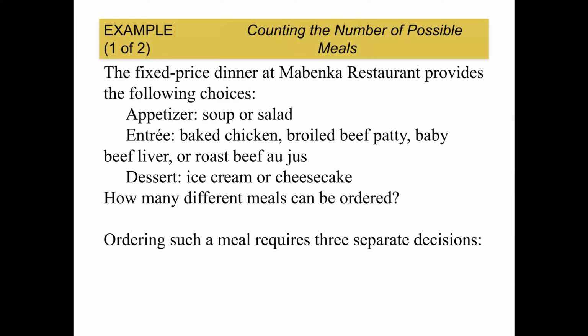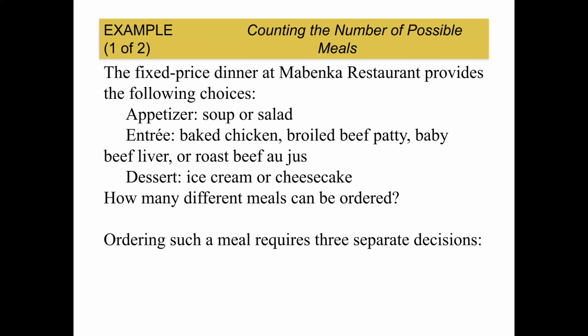The one classic example of choices in a row that are sequential is sometimes restaurants do this, where you have a choice in a fixed price dinner of appetizer, entree, or dessert. In this example, you have two choices for appetizer, and you also have four choices for entree: chicken, beef patty, liver, and roast beef.